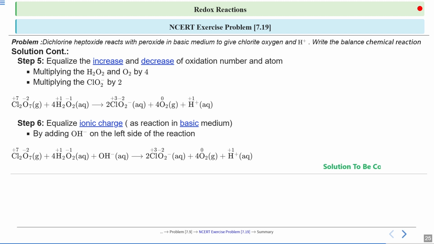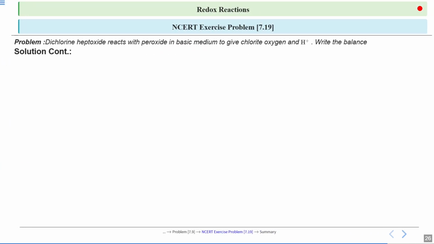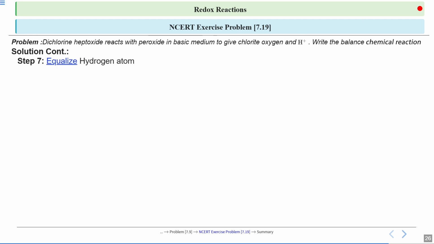This will turn out to be Cl2O7 + 4H2O2 + 4OH⁻ gives 2ClO2⁻ + 4O2 + H⁺. Now, in the final step, we will equalize the hydrogen atoms, and these can be equalized by adding 4 water molecules onto the right side of the reaction.